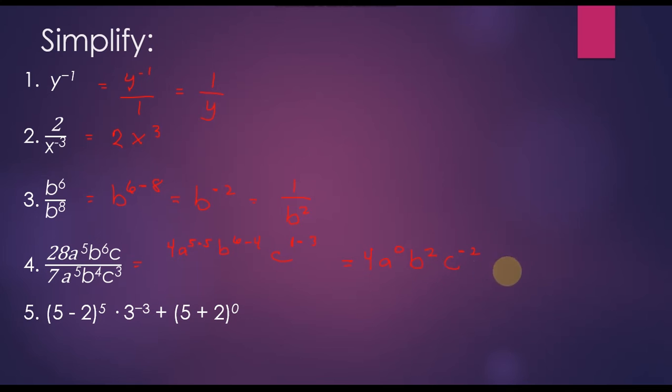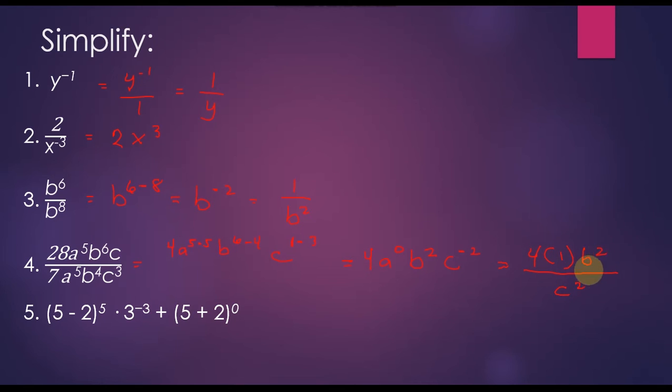As you can see, we can still simplify this one. 4, and then a raised to 0 is equal to 1, so I can just remove this one, times 1. And then I will have b squared followed by c raised to negative 2. So I need to put this in the denominator. So I need to put a fraction bar, then put this in the denominator and change the sign to positive, c squared.